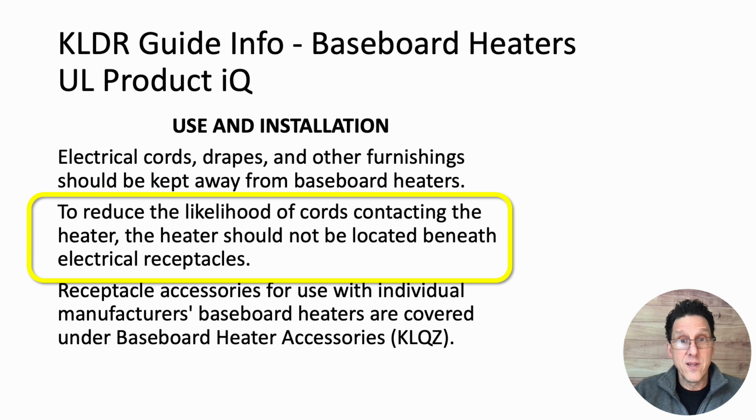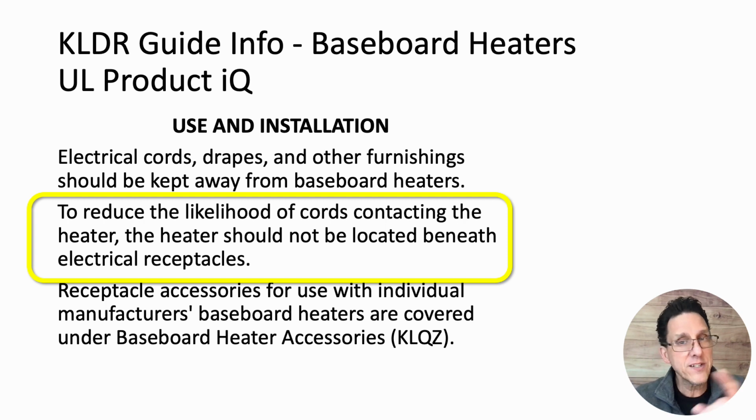So now, if the heater's used, it's now not being used in accordance with its instructions. It may have been installed originally in accordance with the instructions, but now it's not getting used in accordance with its instructions. So it's both, right? That heater has to be installed and used in accordance with its instructions.